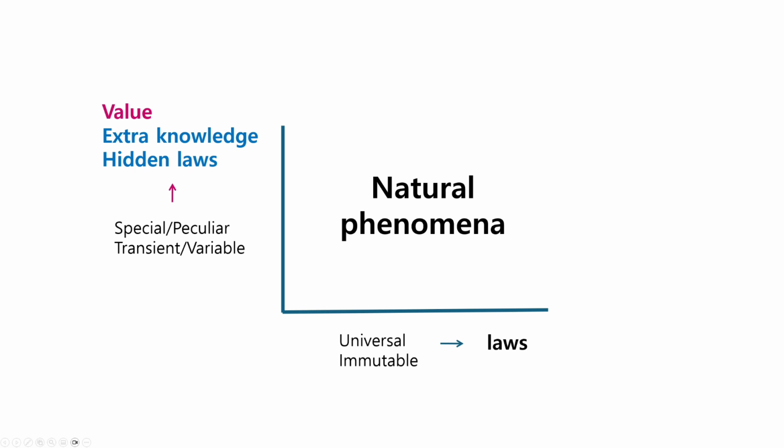So let me show you this very simple diagram. If you see natural phenomena, there is an aspect of universal and immutable, but there is also an aspect of special, peculiar, and transient and variable. And modern science, well, a little before modern science, because modern science is now emphasizing this part, this aspect of nature. The traditional science defined by these Europeans is emphasizing this part too much. Okay? And they call this one the natural law.